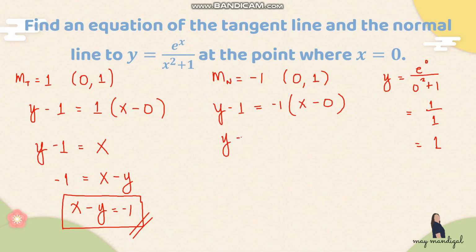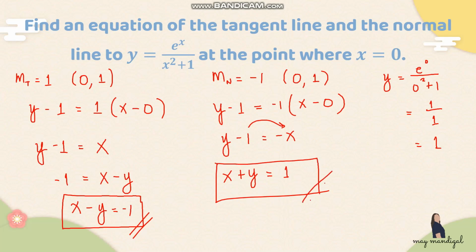So here you have y minus 1 equals negative x. And then move x to the other side, so x plus y, and move negative 1 to the other side, so you have positive 1. So therefore, this is now the equation of our normal line.